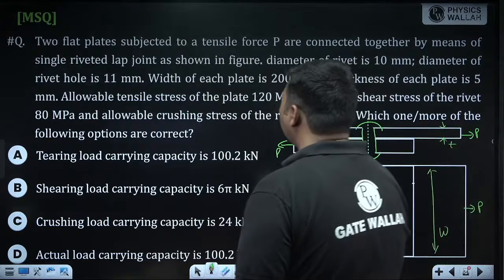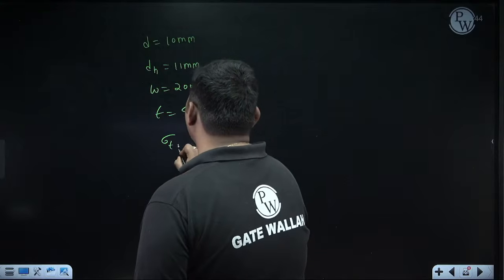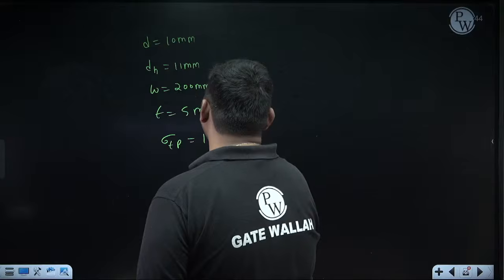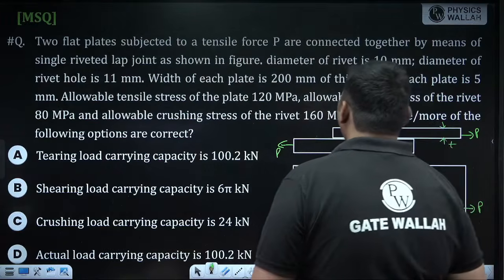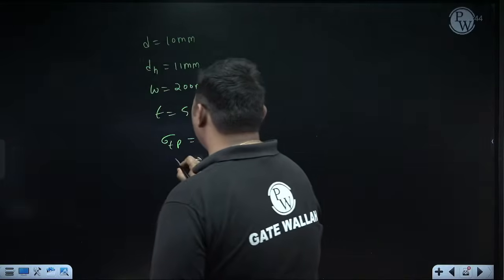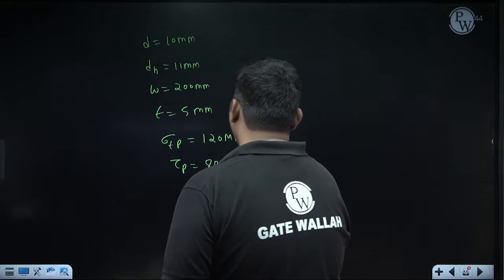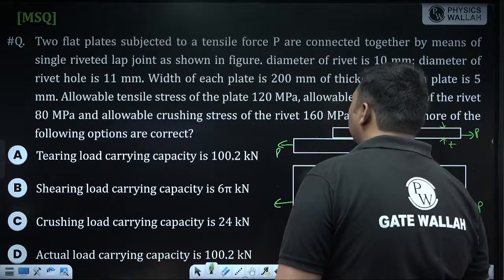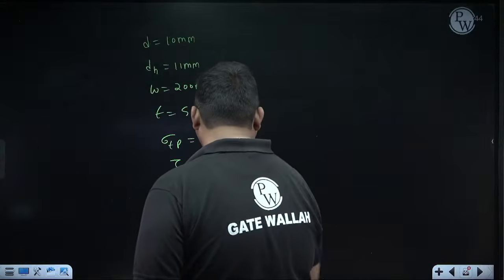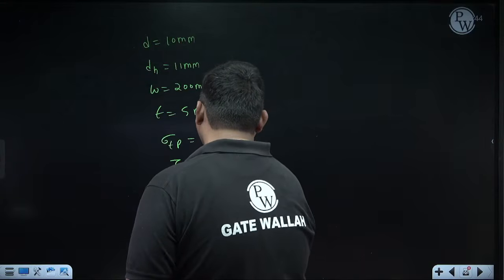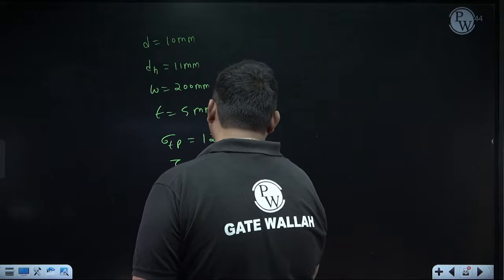And the allowable tensile stress of the plate, that is sigma TP, is given. It is 120 megapascal. Allowable shear stress of the rivet, tau P, is given. It is 80 megapascal. And the allowable crushing stress of the rivet, that is sigma CP, is given. It is 160 megapascal.